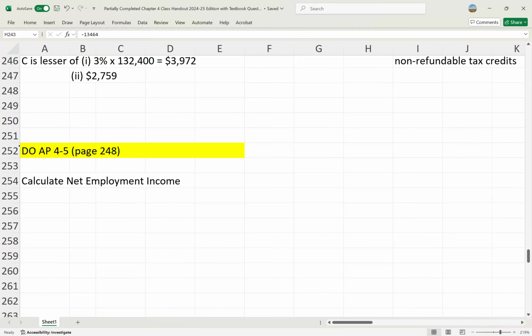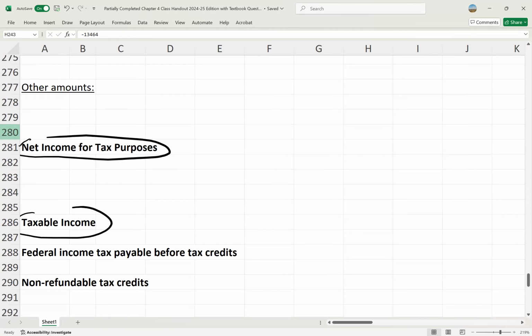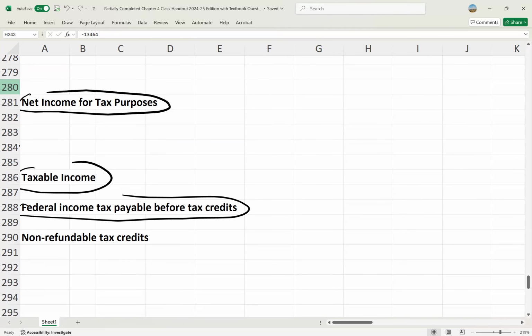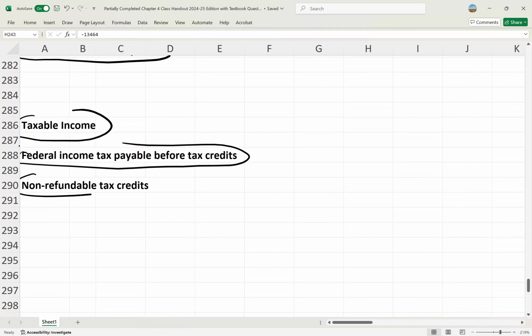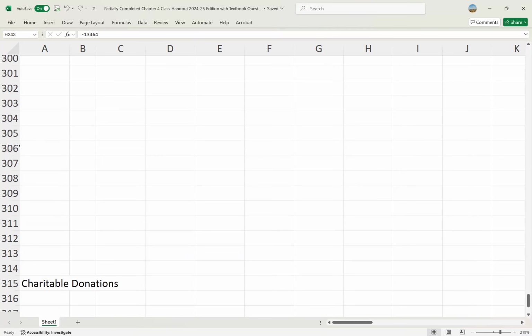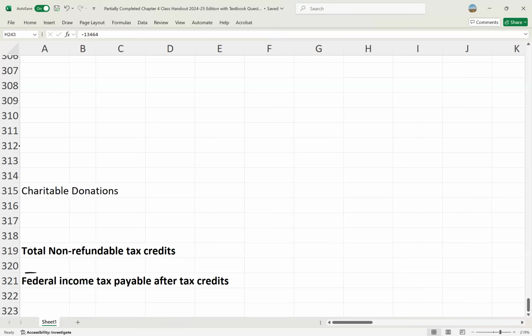And included in 3A is her net employment income. That is all chapter 3. After we figure out net income and taxable income, then we can calculate the federal tax before tax credits, then all the non-refundable tax credits, and then what will be her federal tax payable after tax credits. So a fairly long problem, but once again, really good practice doing some review, but also introducing some new concepts.